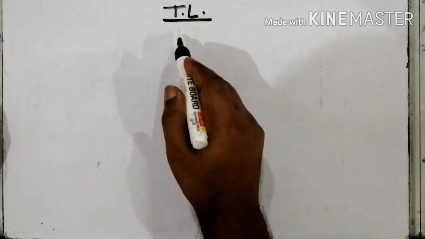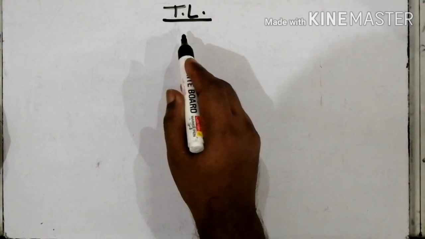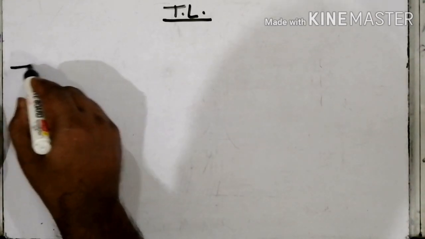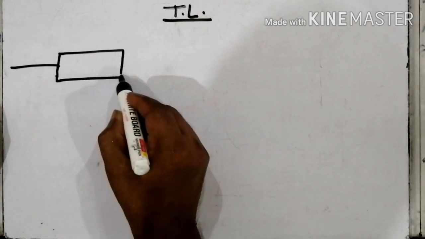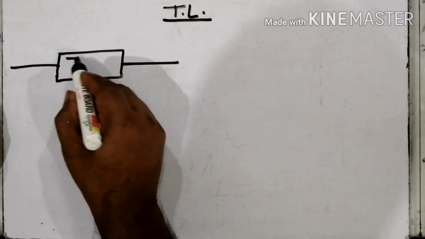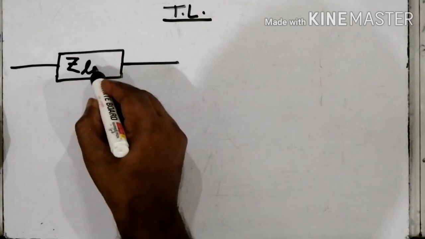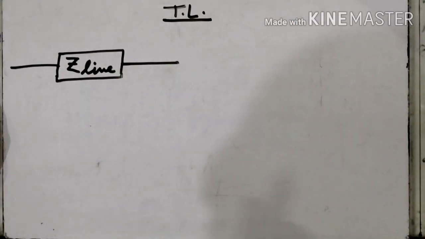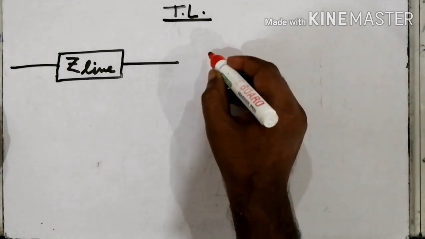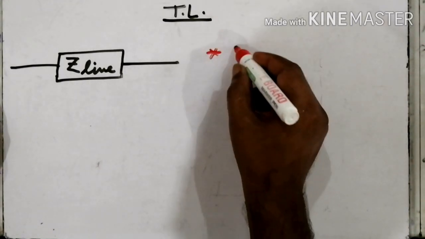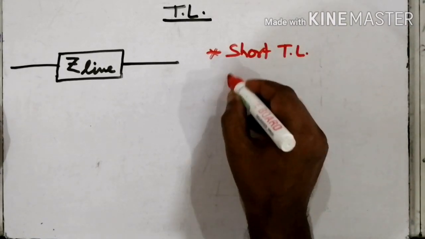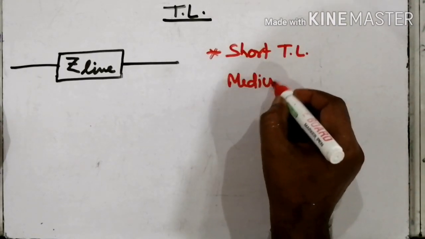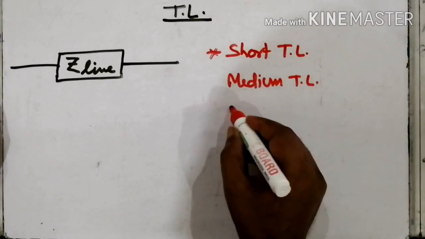The third component of power system is transmission line. The representation of transmission line is an impedance, that is Z line. This is the representation of transmission line. Now see the types of transmission line: short transmission line, medium transmission line, and long transmission line.